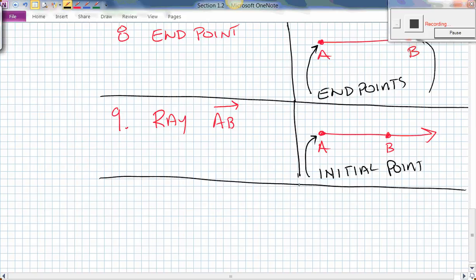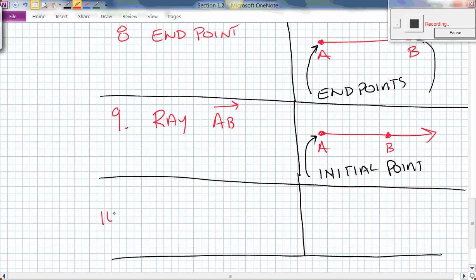All right, we got one more to go here. And the last one, number 10, is opposite rays. What do you think the picture's going to look like? It's basically going to look like almost like a line. It's going to look like this.